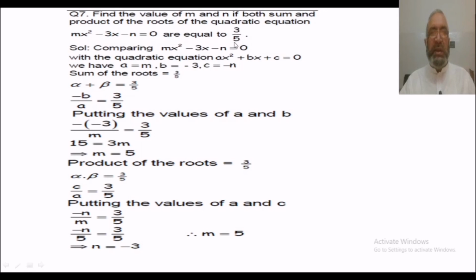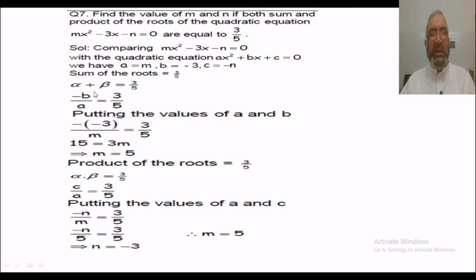So using this condition, first of all, comparing this given quadratic equation with the standard form, we get the value of a is equal to m, the value of b is equal to minus 3, the value of c is equal to minus n.